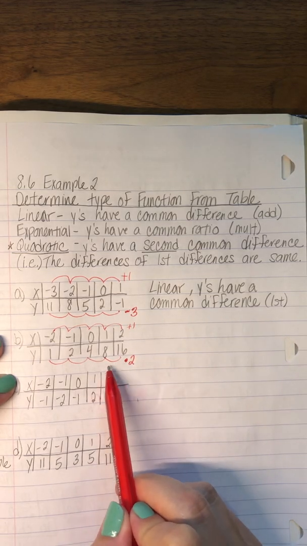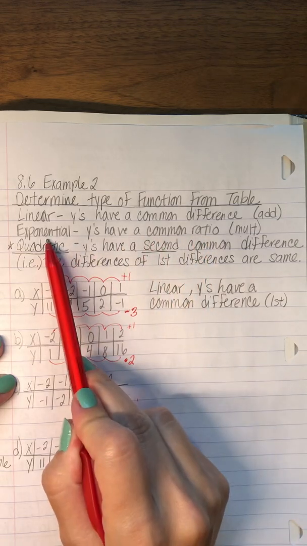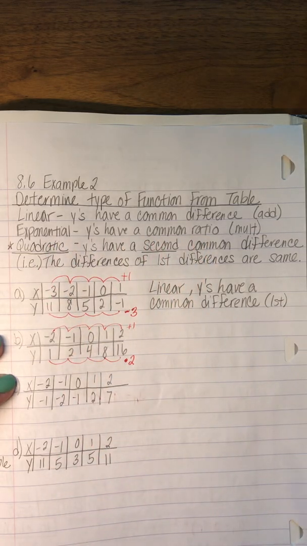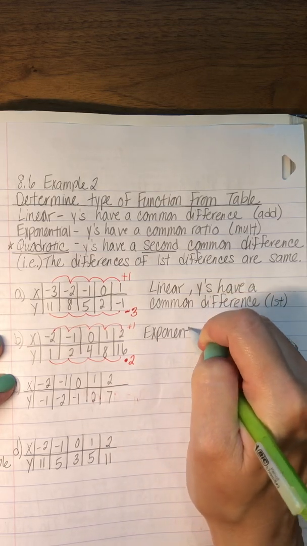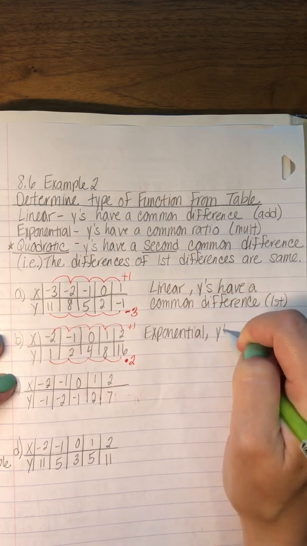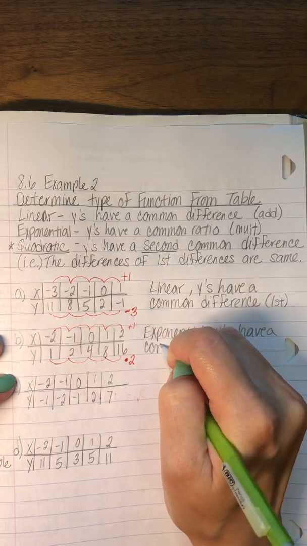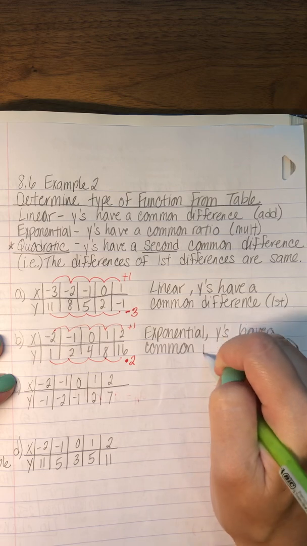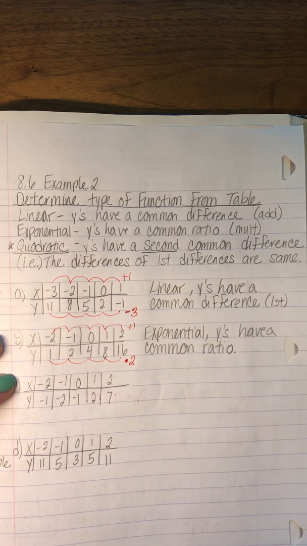When we multiply by the same amount, that's called a common ratio, which means it's going to be an exponential function. So this is exponential because the y's have a common ratio. Again, that means that they multiply by the same amount each time.